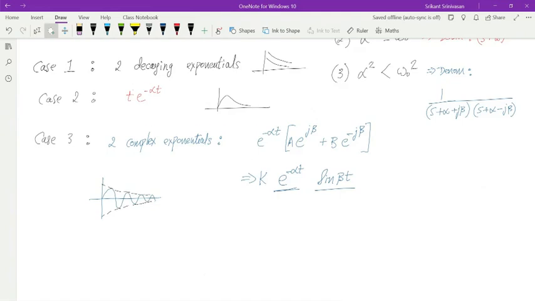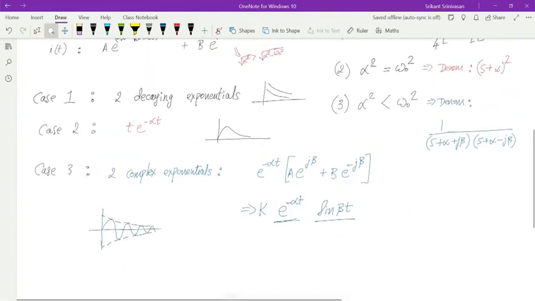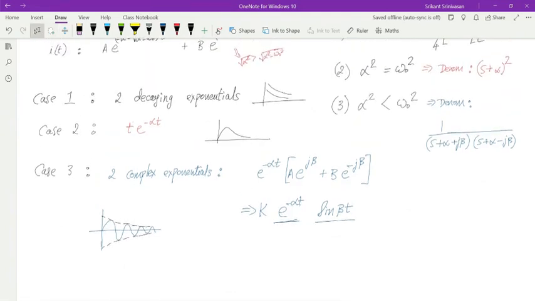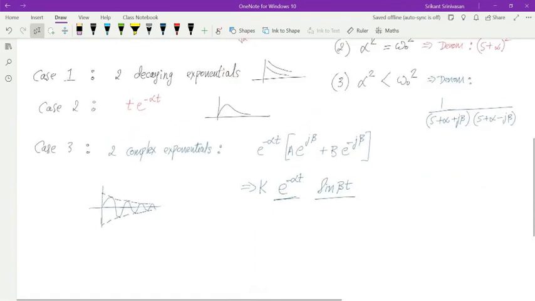So these cases are called what? Case 1 is called overdamped. It is called overdamped because there are two decaying exponentials. That means the response is getting damped. Damping is to reduce something. So case 1 is called overdamped. Case 2 is called critically damped.